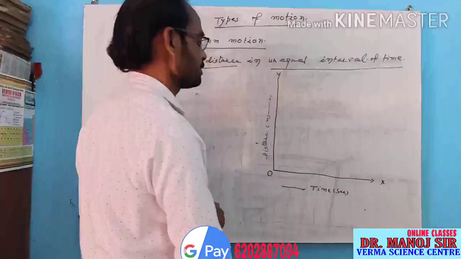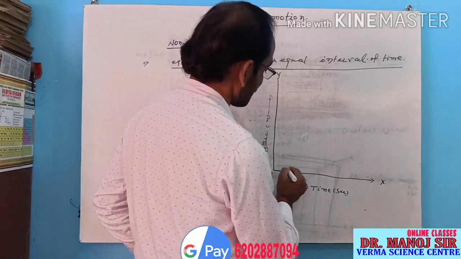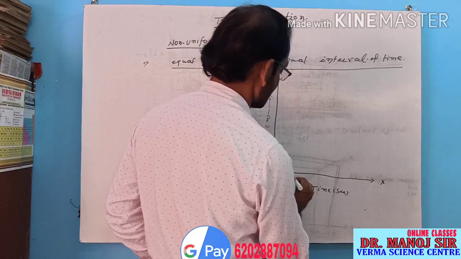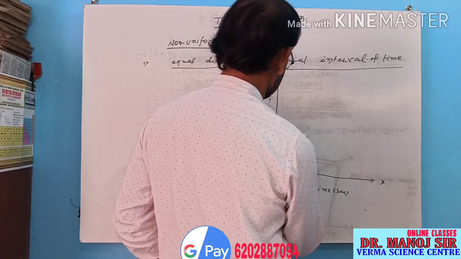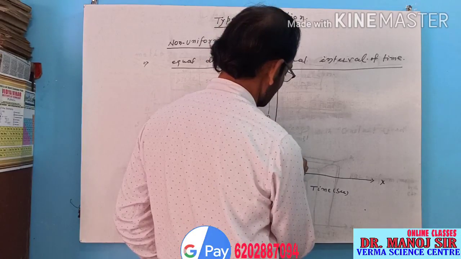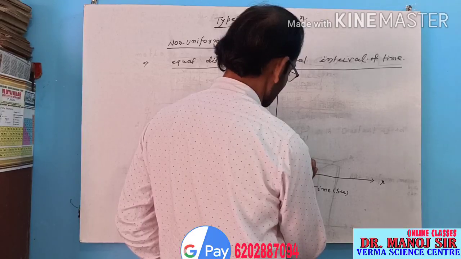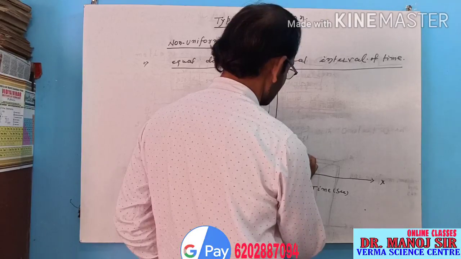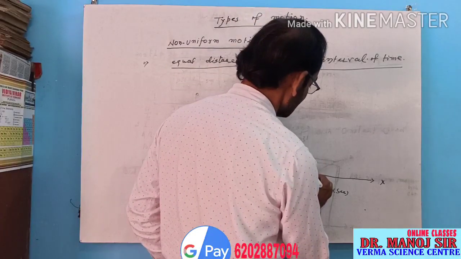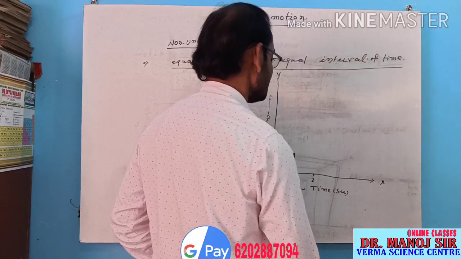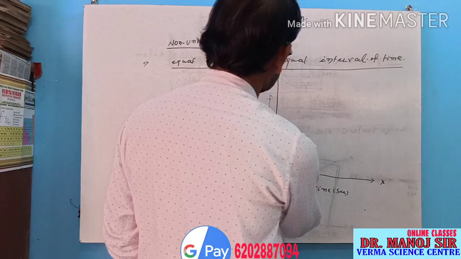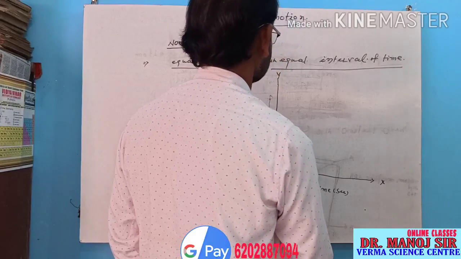Through a certain point, a car travels 5 meters in 1 second, at this point. Again, in the second interval of time, it covers 8 meters.